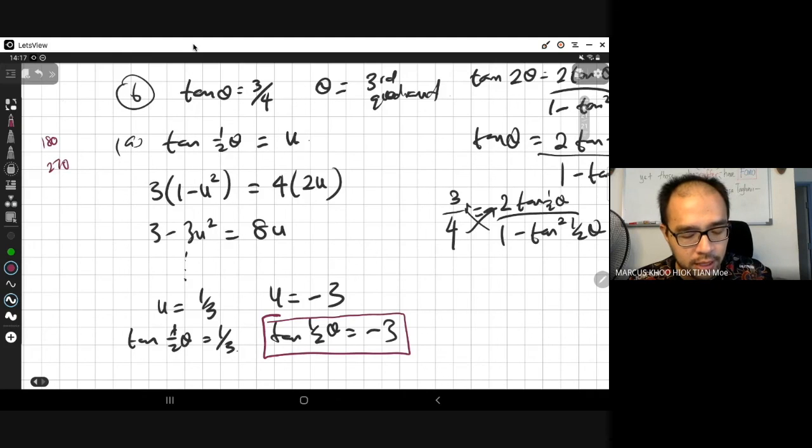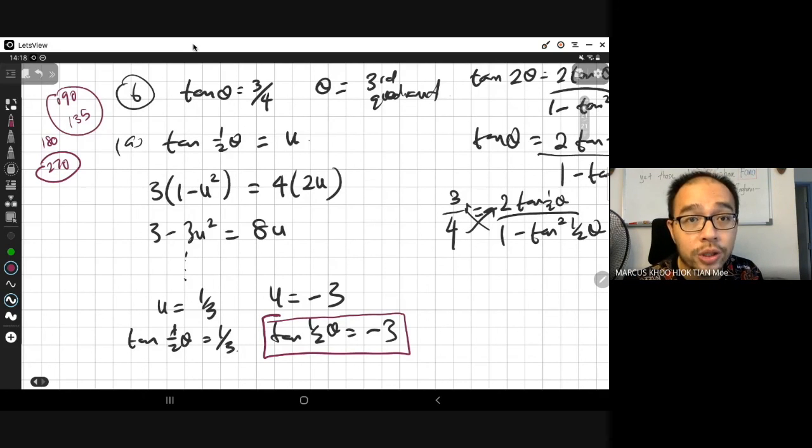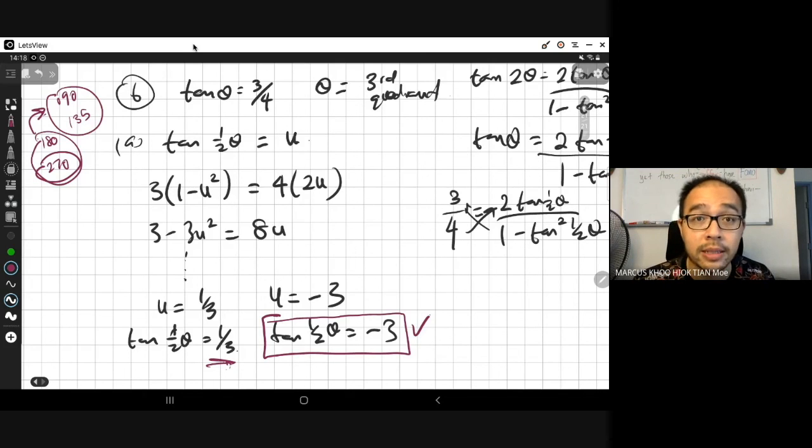Half of it is 90 to, what is half of this? 135. Yeah, 90 to 135 is in the second quadrant. So this one cannot be, because this is a positive value. Positive value is first and third quadrant. The half theta has to be in the second quadrant because we have changed the theta to half theta. So this is the only acceptable answer.